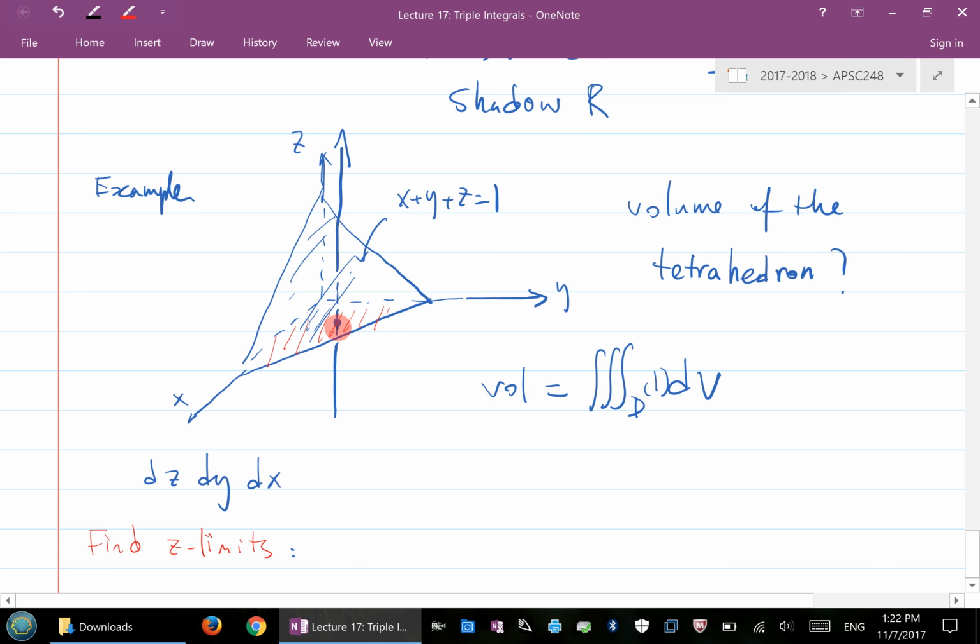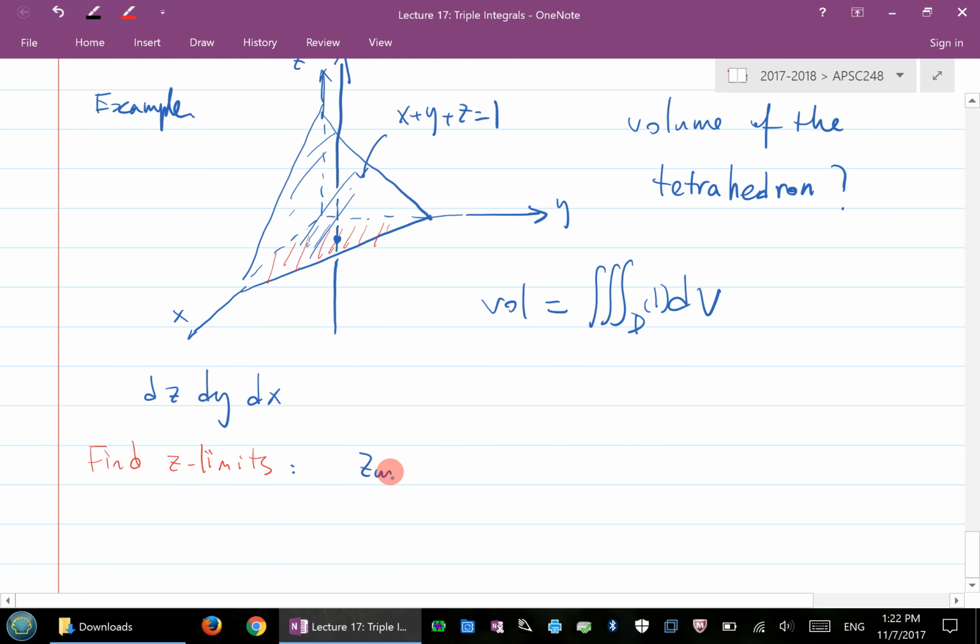The first contact gives you the z min, and the second contact gives you the z max. The first contact is the bottom surface, so z min equals 0. And the second contact is on the top surface, which is the plane here.